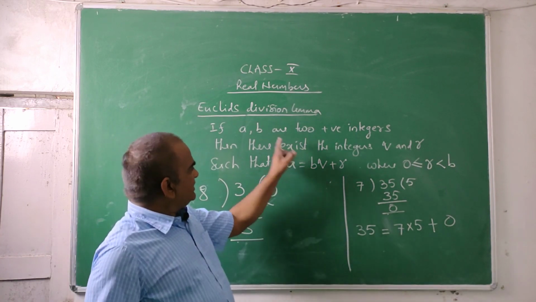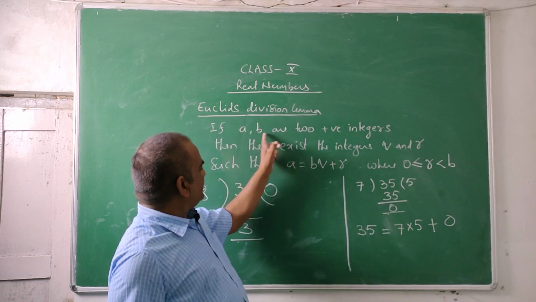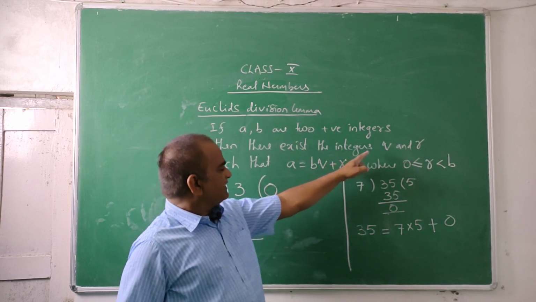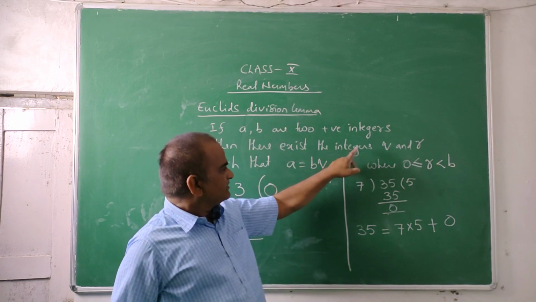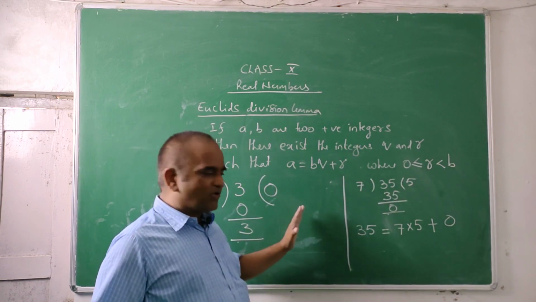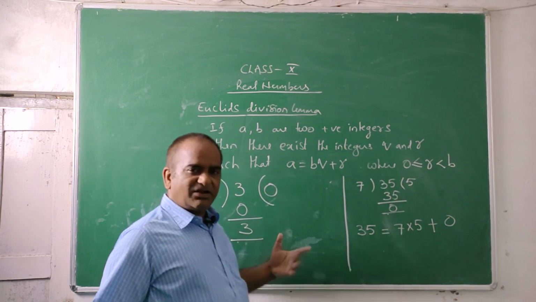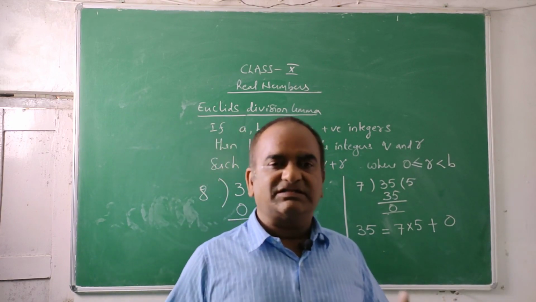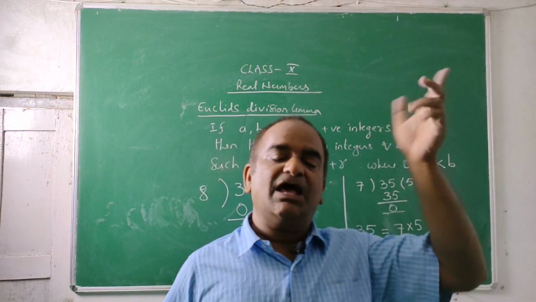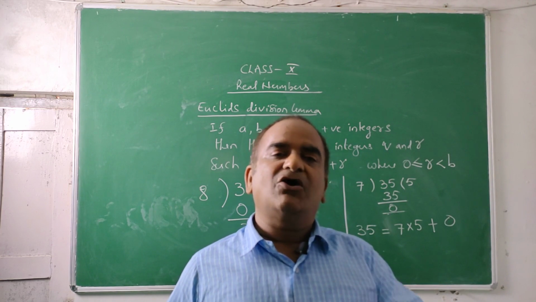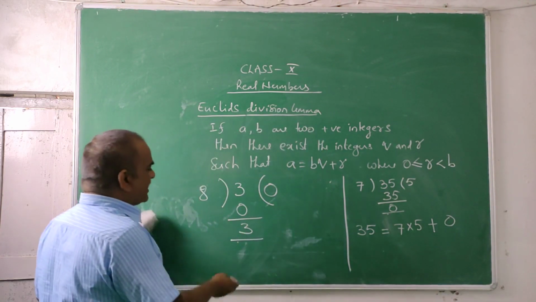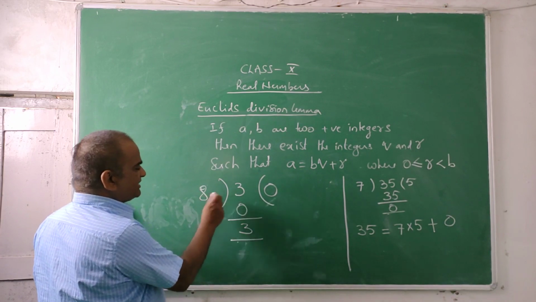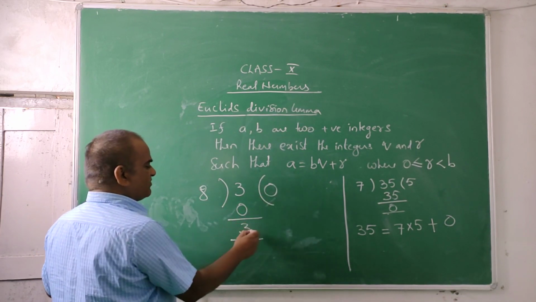That's why he is saying that A and B are two positive integers, but Q and R are just integers, so they may be 0 also. Q may be 0, R may be 0. That is why he is not insisting on positive integers for them. So when 3 is divided by 8, the quotient is 0.